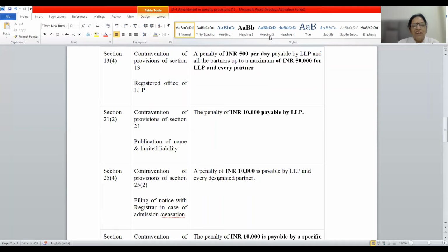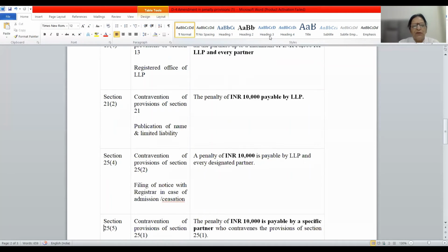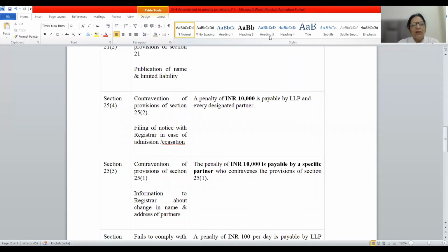This is regarding contravention of provisions of section 25, subsection 2. Now, section 25, subsection 2 deals with the filing of notice with the registrar in case of admission or cessation. Any partner who is admitted to the LLP, any partner who ceases to be a partner of LLP.